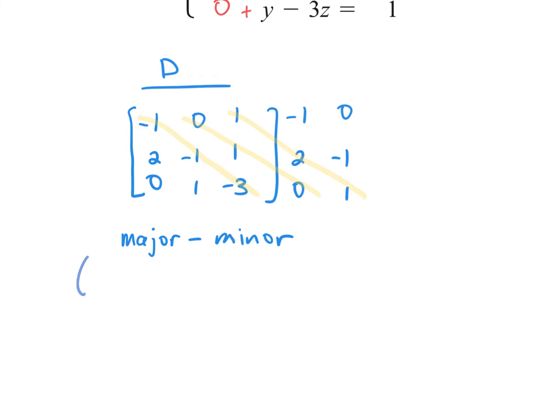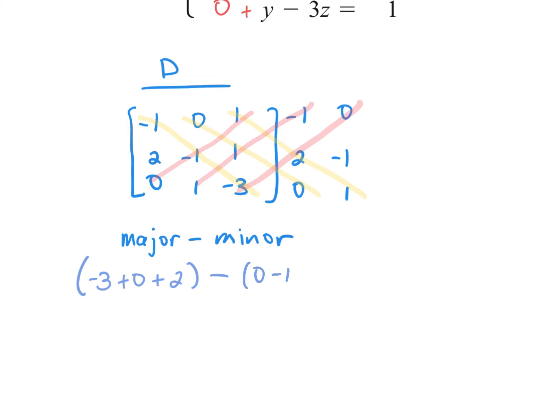But my majors, I have -1 times -1 times -3. Gives me what? -3. Then I have 0 times 1 times 0. 0. And then 1 times 2 times 1. Plus 2, okay? Minus, let's do our minors. 0 times negative 1 times 1, 0. 1 times 1 times negative 1.